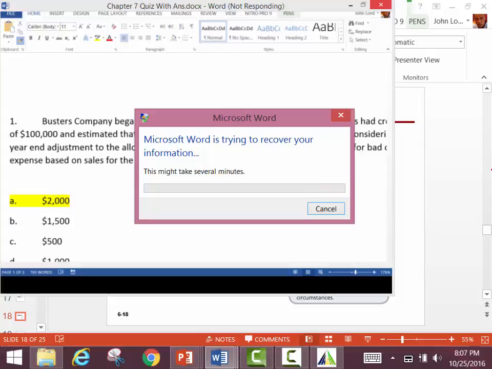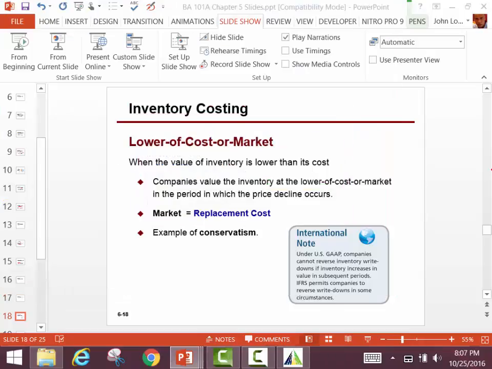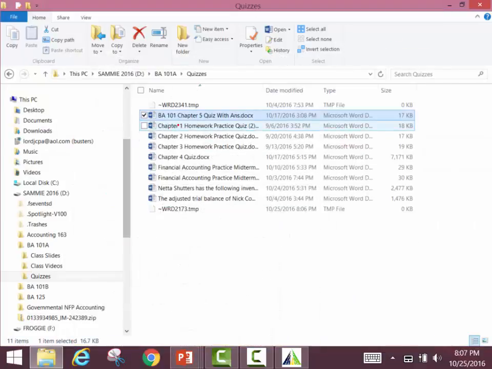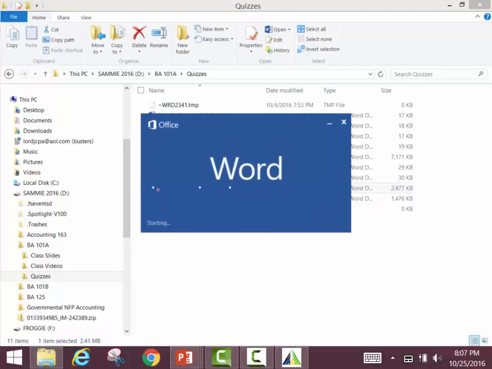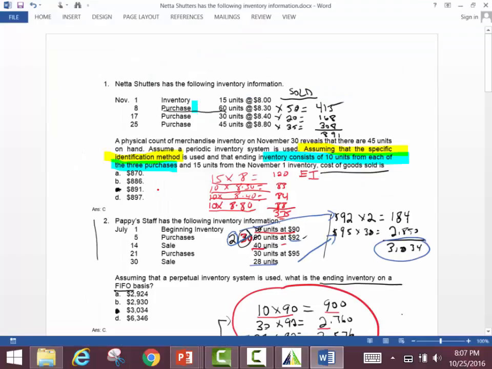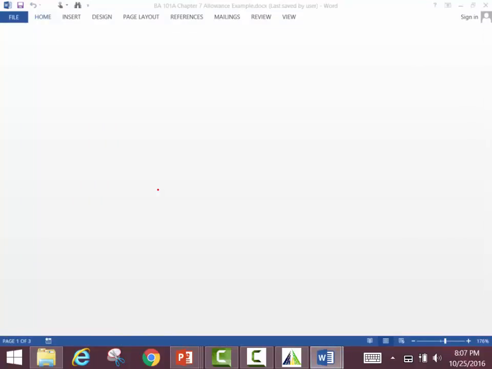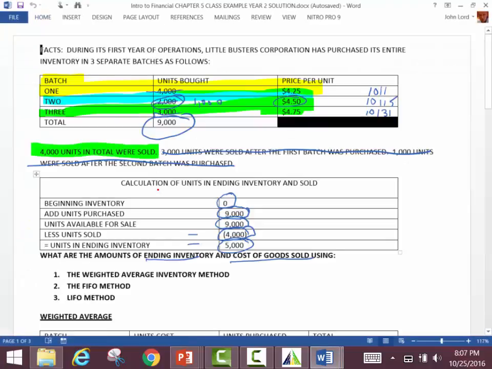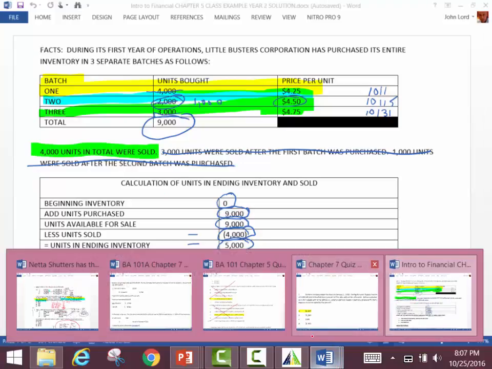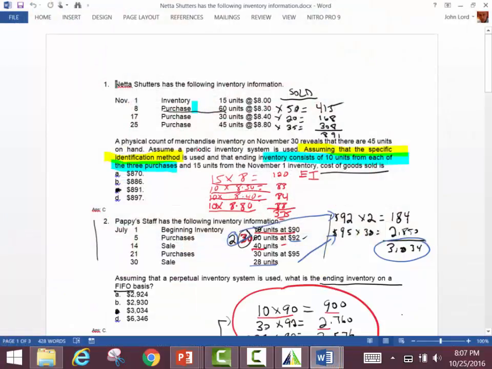Well, don't recover my information. Just let it go. Since you messed it up now, you don't need to recover anything. That's me talking to Microsoft Word. So I'm looking for what? This one? Now it's going to go through this whole thing and say, do you want these files back? We found them. And it's going to give me everything but what I want, which is this.